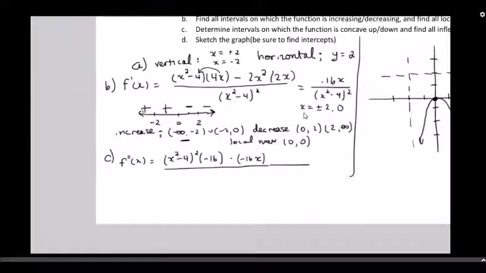Now this is going to require the chain rule, because this bottom piece of the first derivative here has an inside function and an outside function. So the chain rule says do the outside function first, which is dropping down the exponent and then decreasing the exponent by 1, and now we need the derivative of the inside function, which is 2x.